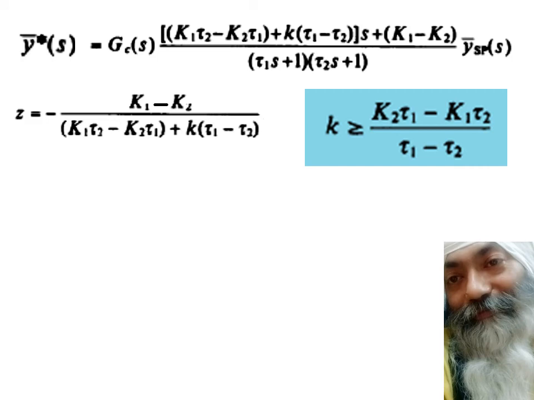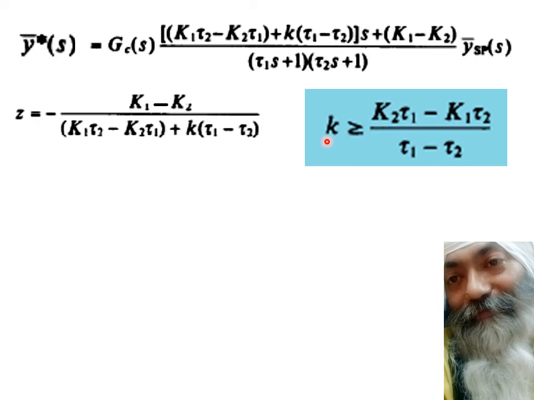And this k can be designed if we somehow are able to put the value of k which is at least equal to, but preferably greater than, the value given in this diagram over here. In this figure, this (k2 tau 1 minus k1 tau 2) upon (tau 1 minus tau 2), you equate this value and take k to be, let us say, 5 times this or 10 times this.